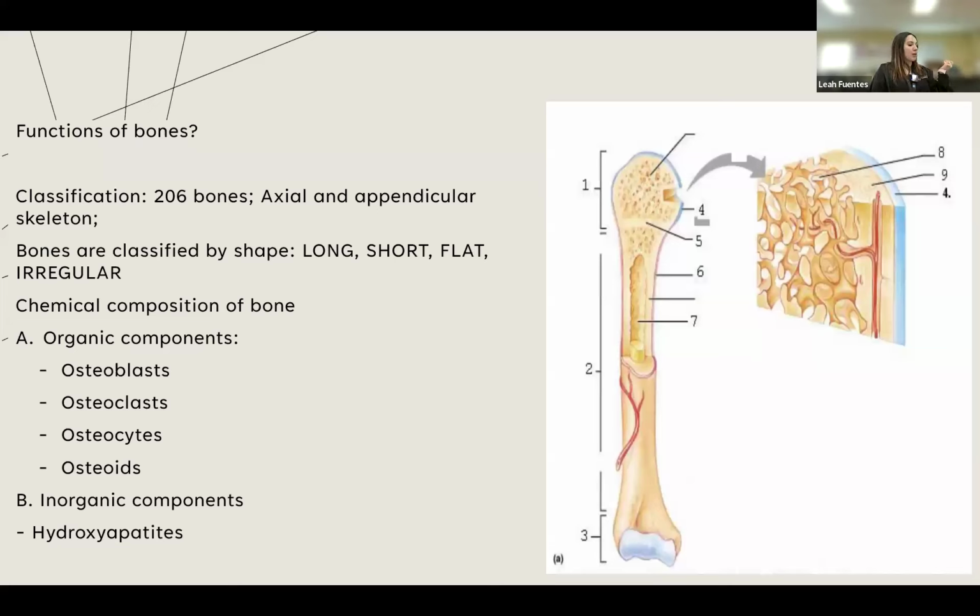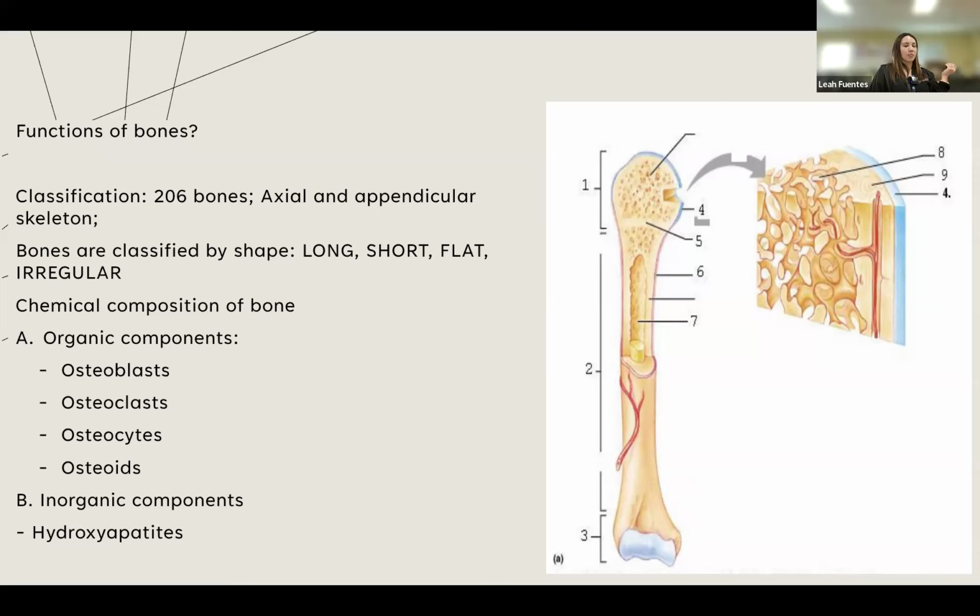And those organic components are about 1/3 of, let's say, for example, a long bone, really any bone. So about 33%. The inorganic components are the rest, so 2/3 or about 66%. These are mineral salts called hydroxyapatites.